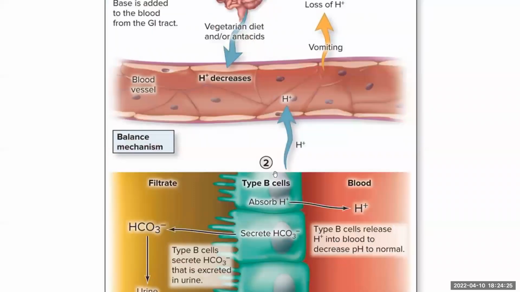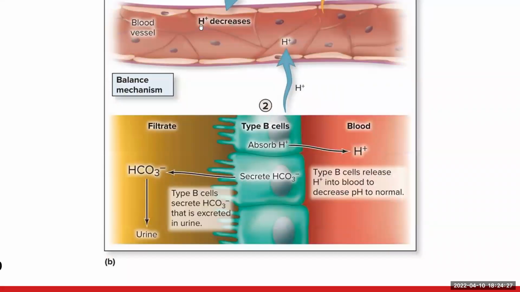And so the kidneys then will try to offset this, because now that we have a decrease in hydrogen ion concentration, our blood becomes alkaline or basic. So B, basic, type B cells. I always remember B, basic blood. We're going to trigger our type B intercalated cells here.